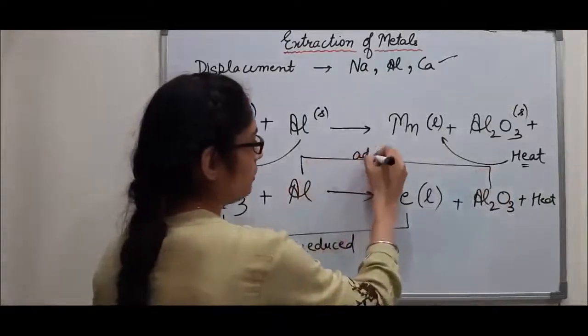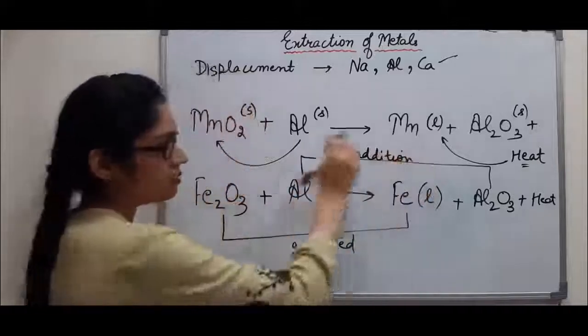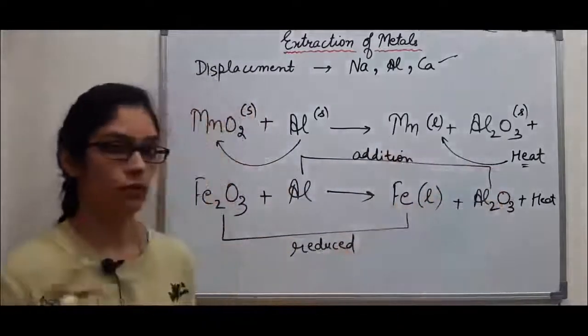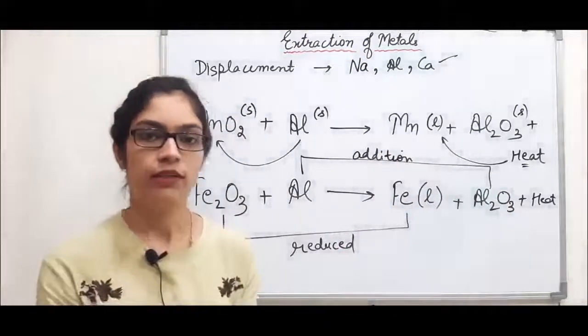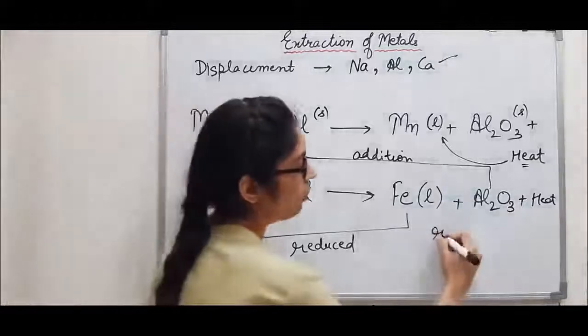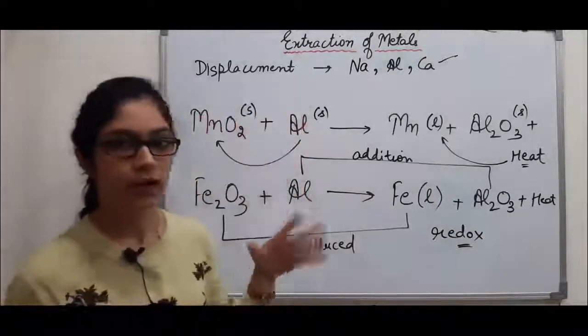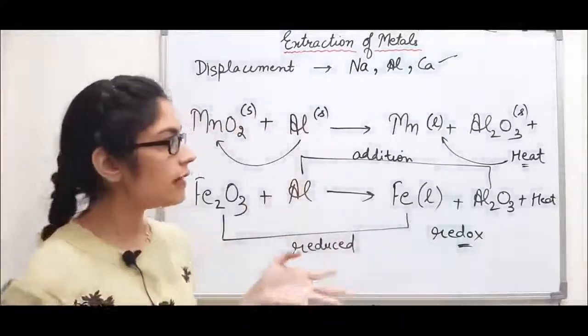So we can say this is an oxidation reaction. Here oxidation is taking place, and here reduction is taking place. A reaction in which both oxidation and reduction take place is known as a redox reaction. So both the reactions are redox reactions.